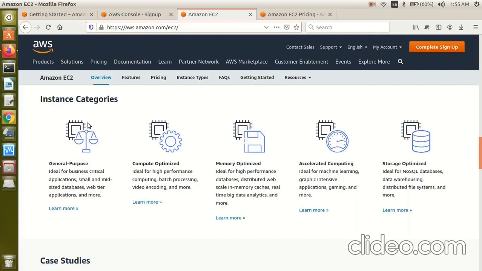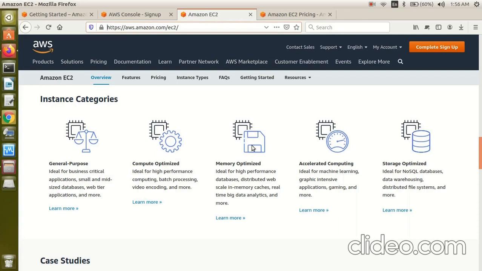So we can summarize this as follows. The general purpose instance types are those which provide you a balance of all the computing resources. Compute optimized instance type will provide you instances with high performing processing power.